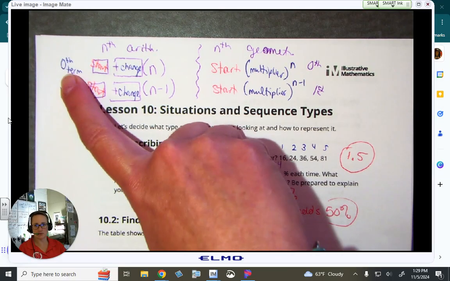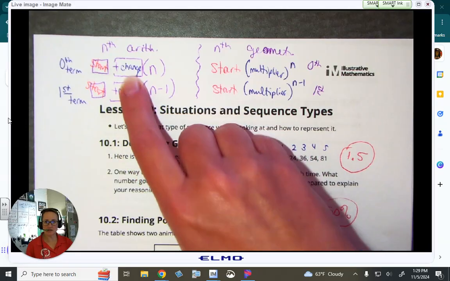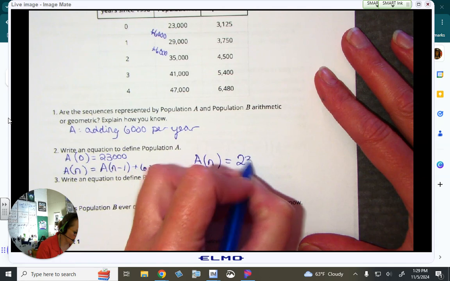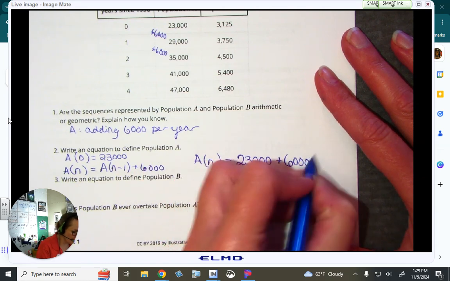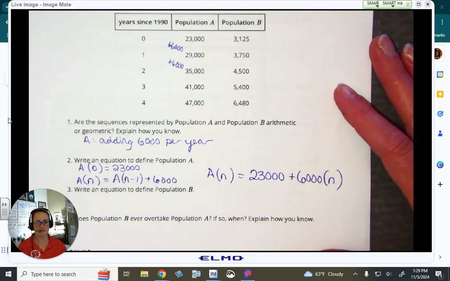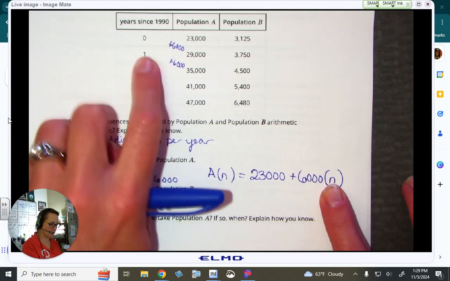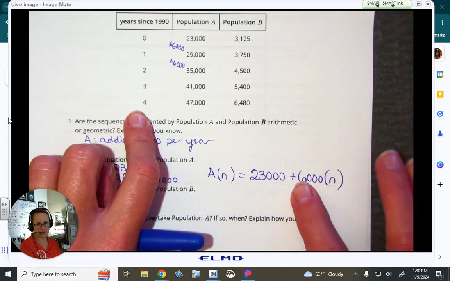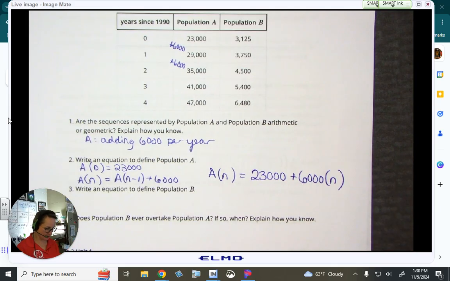Okay, I started with the 0th term, so I'm going to take what I start with, 23,000, my change, plus 6,000 times n. So 23,000 is the start. We add 6,000 however many years after 1990. So if I put a 1 in here, I'm going to take that 23 and add it one time. If I put a 4 in here, I'm going to multiply 4 times 6,000, add it to our starting amount, and then I've done that repeated addition.